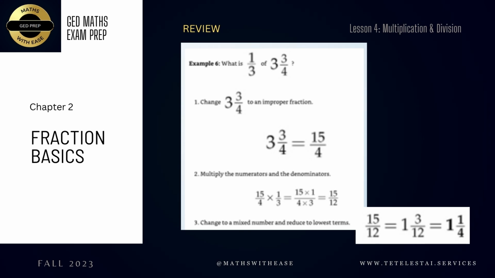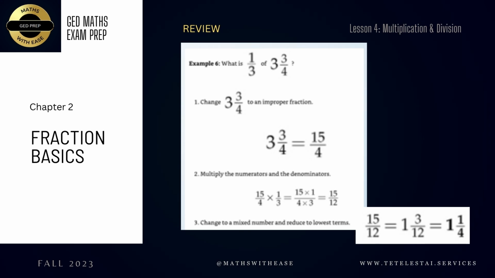And then you want to change this top heavy or improper fraction to a mixed number. So 12 goes into 15 once. 15 minus 12 is 3 over 12, which is your denominator. And you recognize immediately that this can be reduced further.